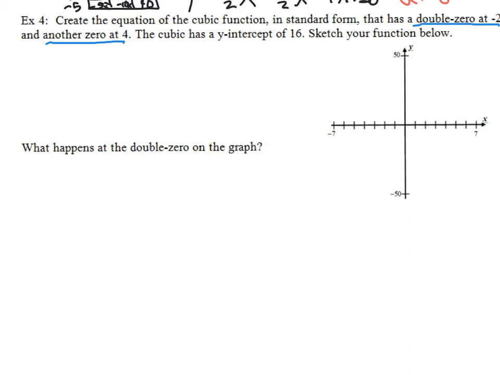So let's see here, we're going to say that our roots are occurring at x is equal to 4, and we know that we have a double 0 at -2.